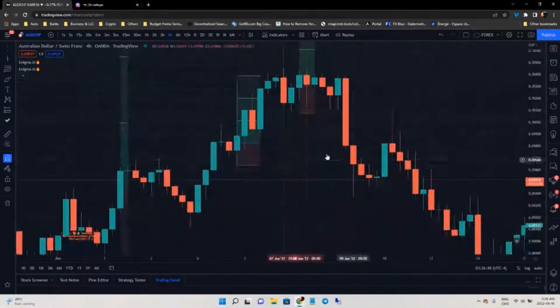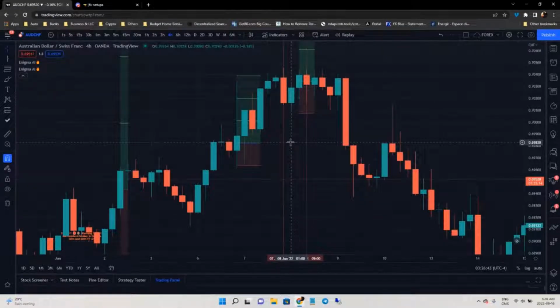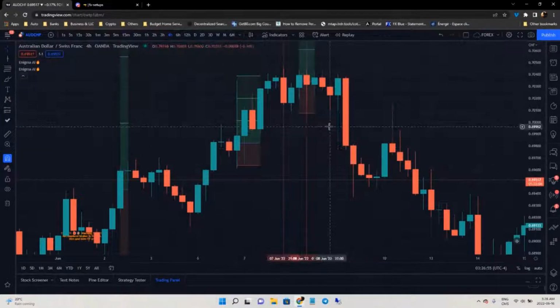Okay, so that's why I always say to look at the higher time frame when you make a decision on any trade, whether it's with Enigma or your personal trade. Make sure to look at where you're at in the market overall on a higher time frame, and then go to your lower time frame and make a decision.